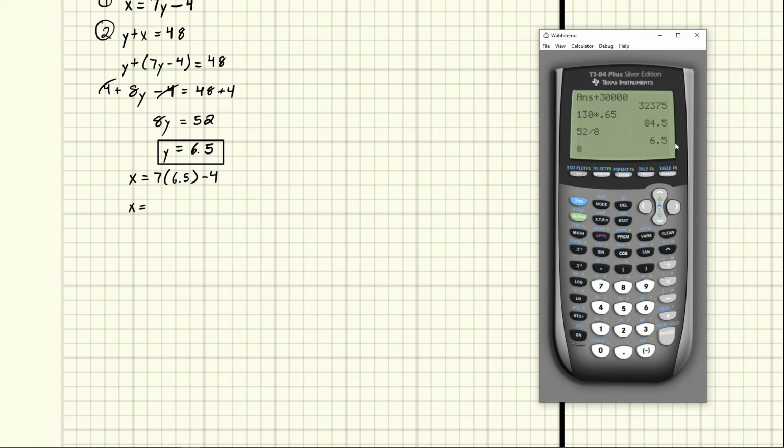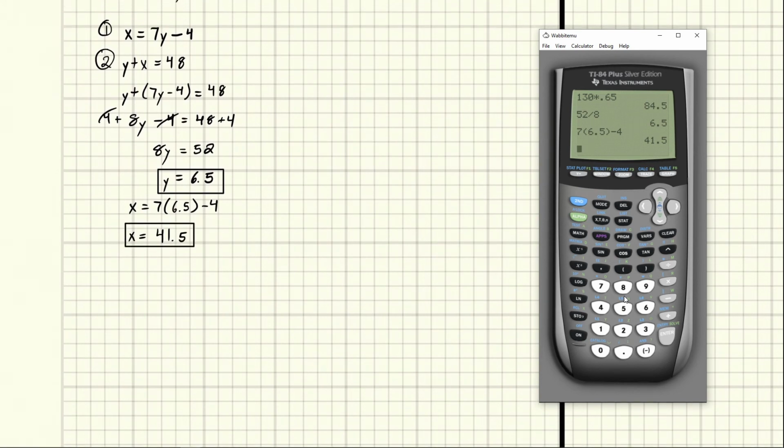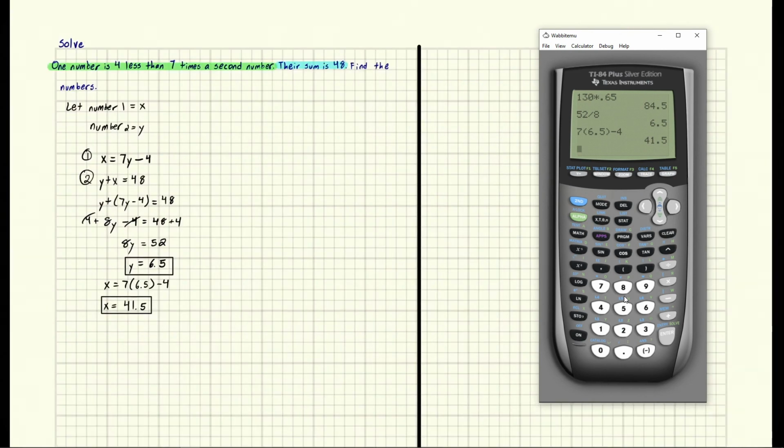We do 7 times 6.5 minus 4, and we get 41.5. So we find that you need a y of 6.5 and an x of 41.5 to satisfy the two numbers.